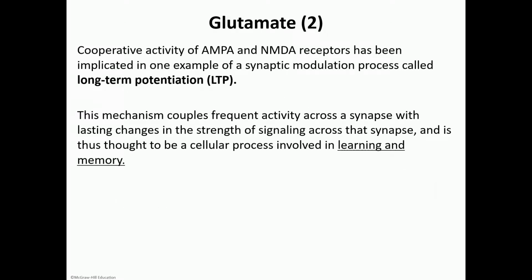The ability to learn is more of a cooperation between AMPA and NMDA receptors, and that leads to a process known as long-term potentiation. Long-term potentiation is the process involved in learning and memory, which basically means that we are wiring the brain to learn certain things.